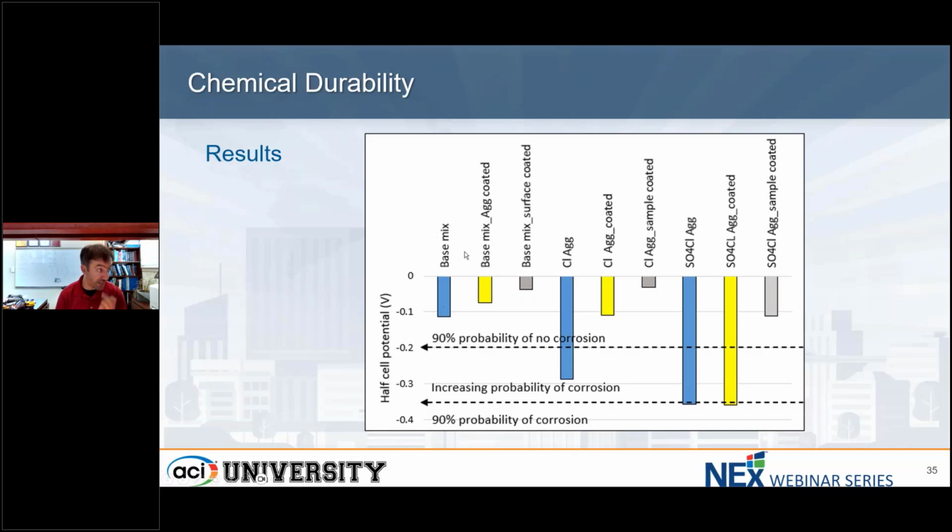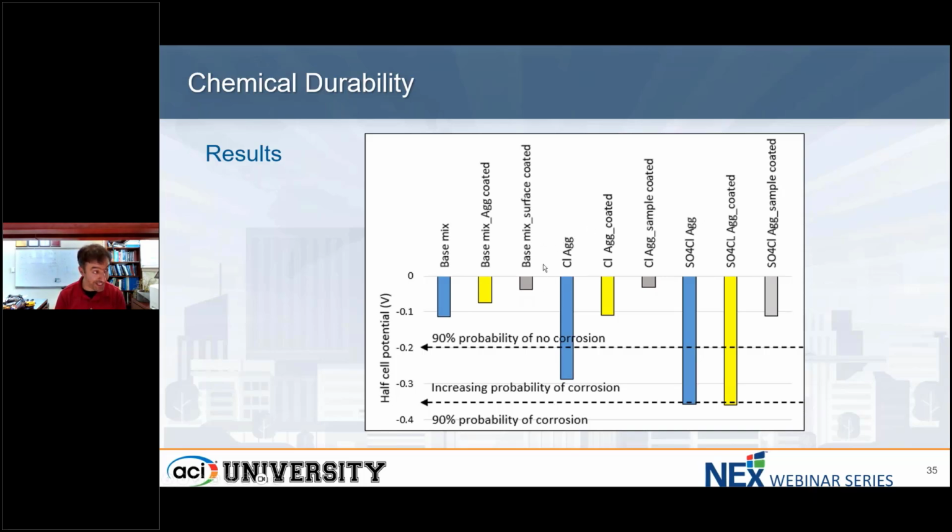We have a base mix where the aggregates were coated with silane because we wanted to see if there's any impact. And then we have a base mix where the surface was coated. And we see that all those have 90% probability of no corrosion.